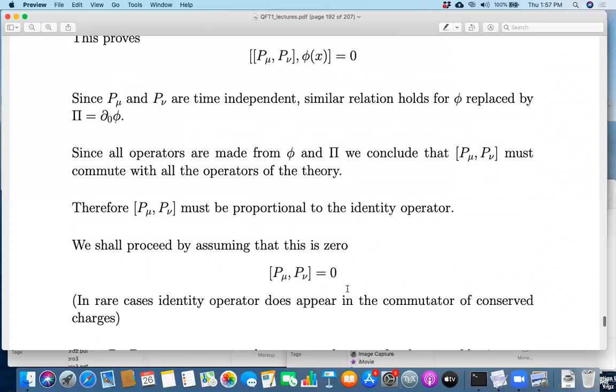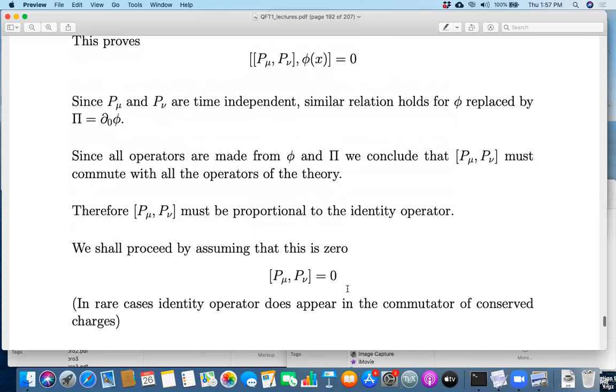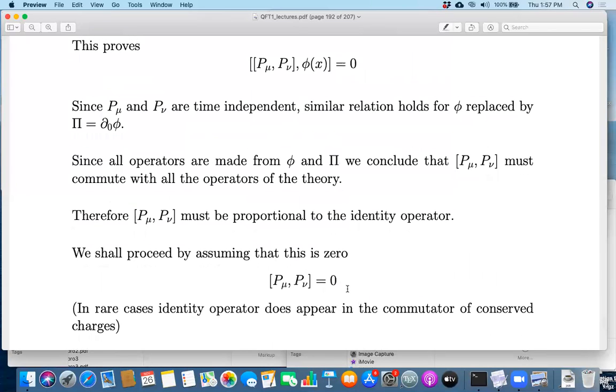Sir, this statement that the identity operator does actually appear in some cases, is it in cases of anomalies only? Well, sometimes one refers to the anomaly because it leads to anomalies in a different theory. But at least as it stands, these are unrelated.